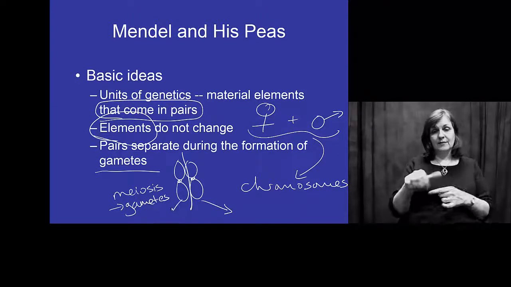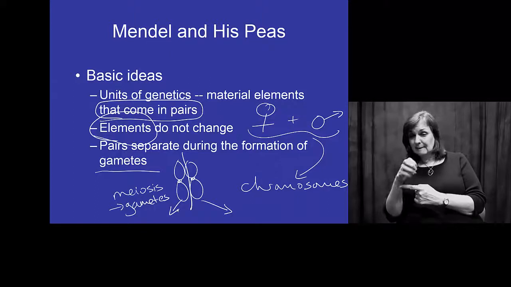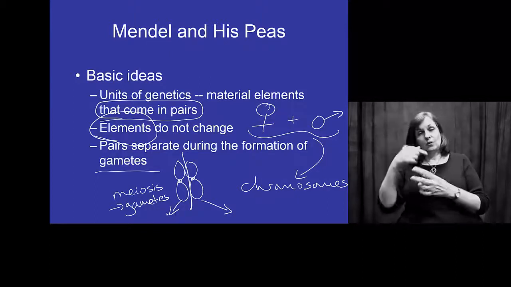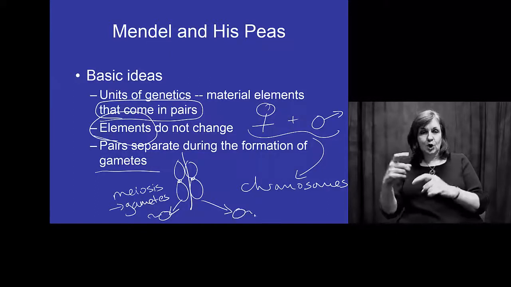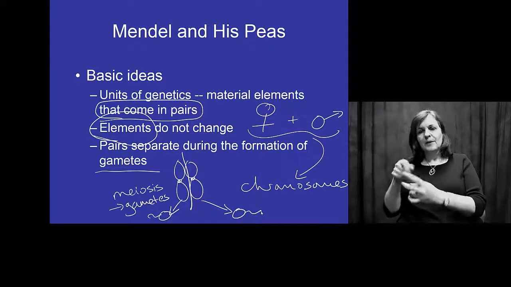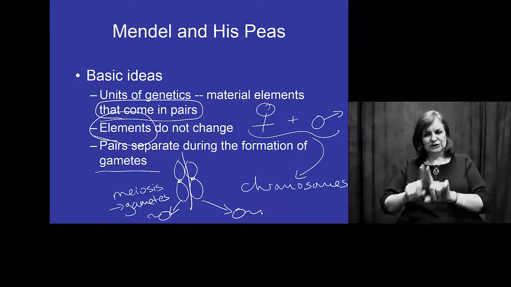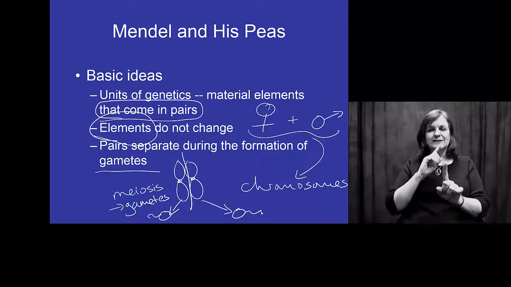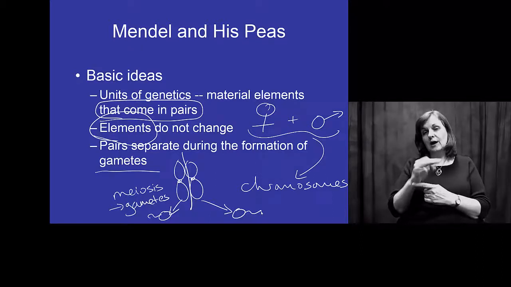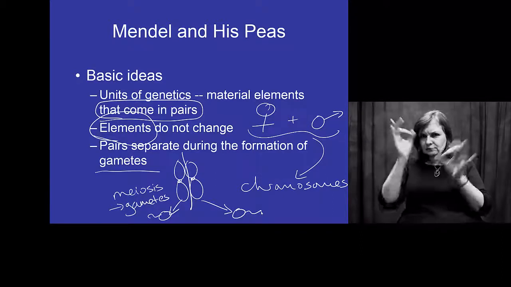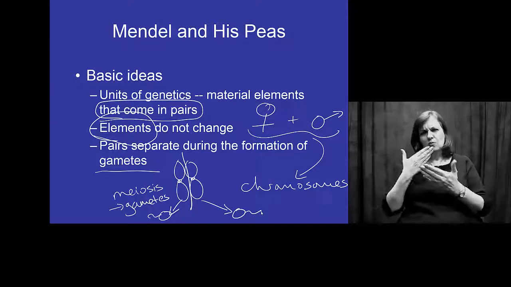One goes to one gamete, one goes to another gamete within a single individual. So maybe in dad we're producing 2 sperm, but it's still this separation of individual units of inheritance, okay? Remember, he has no idea what a chromosome is, but he's coming up with all these fabulous ideas.